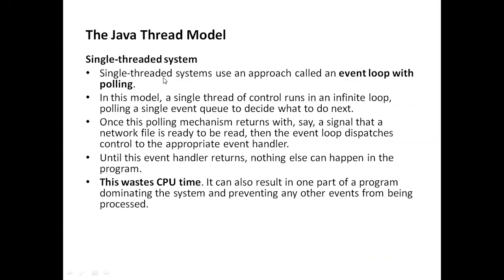Single-threaded processes contain the execution of instructions in a single sequence, and it uses the approach called event loop with polling. In this model, a single thread of control runs in an infinite loop, polling a single event queue to decide what to do next.